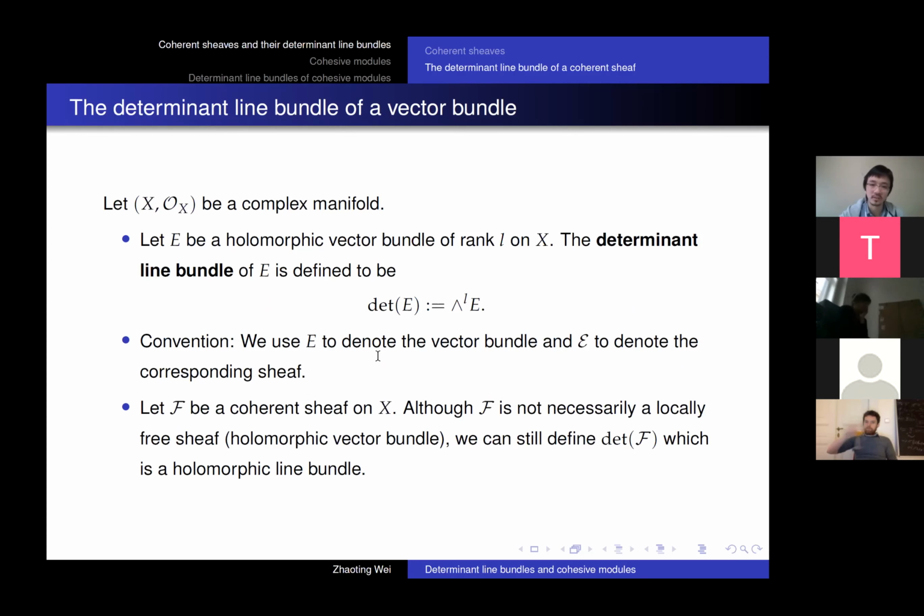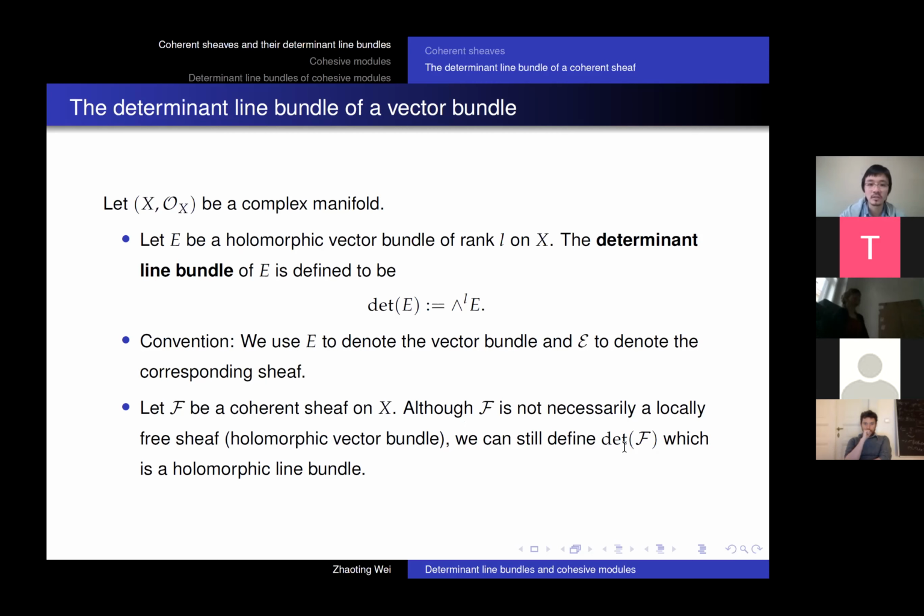The point is, it's a well-known classical result that for a coherent sheaf F, although F is not a vector bundle, we can define its determinant line bundle, which is a holomorphic line bundle.